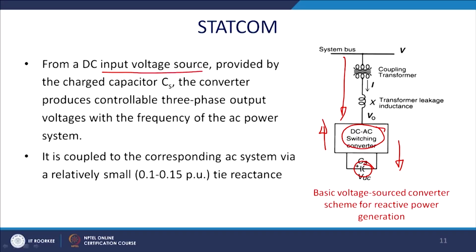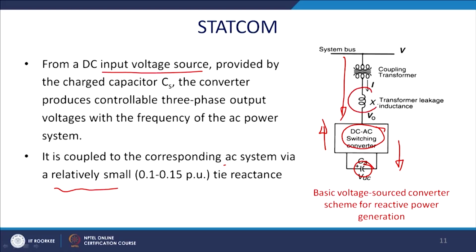The DC input voltage is provided by the charged capacitor CS, and generally you do not have any extra sources here. The converter produces a controllable 3-phase output voltage with the frequency of the AC power system, and it is coupled to the AC system via a relatively small reactance.